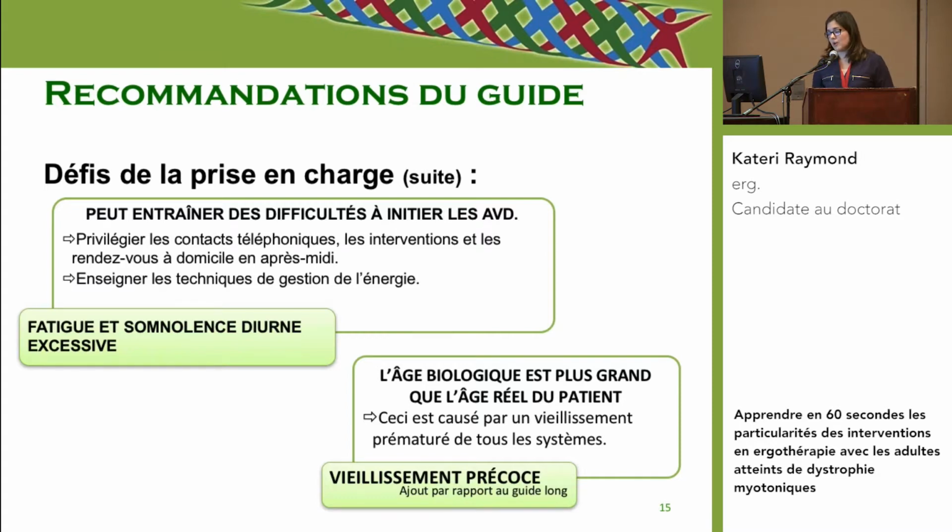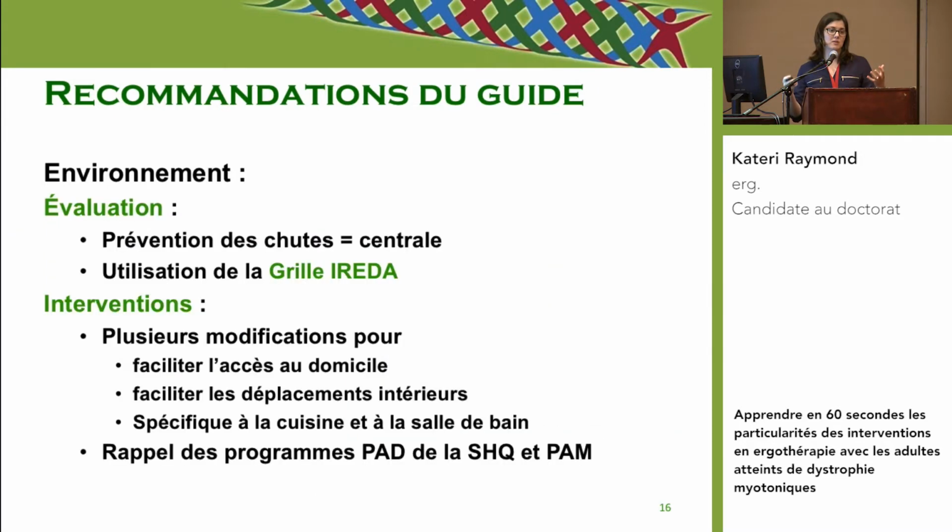And we also know that DM1 gives you apparent aging, early aging, so you can help a frontline OT by acting as if the person had an aging phenomenon to orient their interventions. And if we dig into the recommendations for the assessment, I think most of you know this already, but this allows us to target specificities for type 1 myotonic dystrophy.